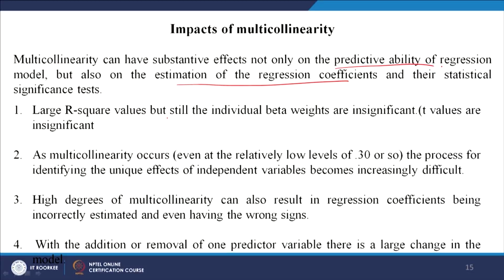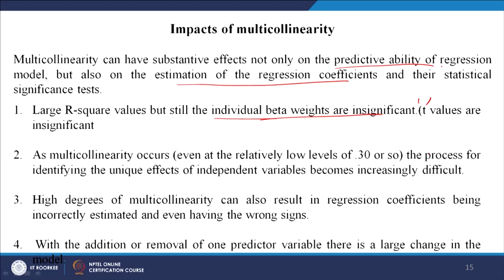So, a large r square value might come, but if you find that the individual beta weights are insignificant, that means the t values are insignificant, then there is a high chance of the presence of multicollinearity. That means, if multicollinearity exists, then you may have a very high r square, but your individual beta weights might come insignificant, right, which should not happen in fact.